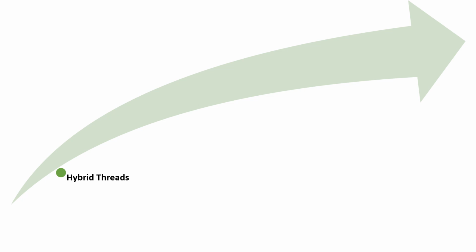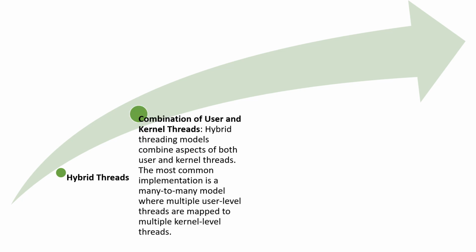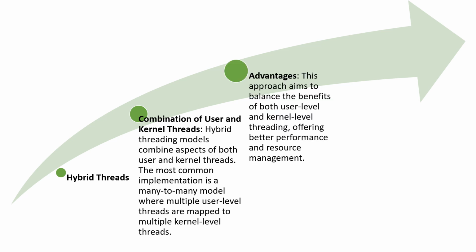And next is the hybrid threads. The combination of user and kernel level threads is known as the hybrid threads, and this multi-threading model combines aspects of both user and kernel threads. That is, the common implementation is a many-to-many model where multiple user level threads are mapped to multiple kernel level threads.